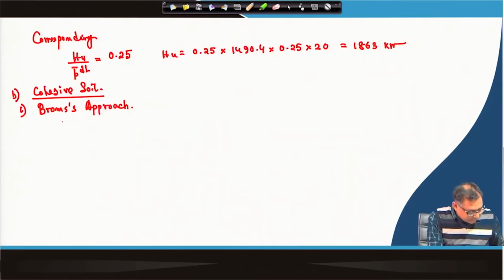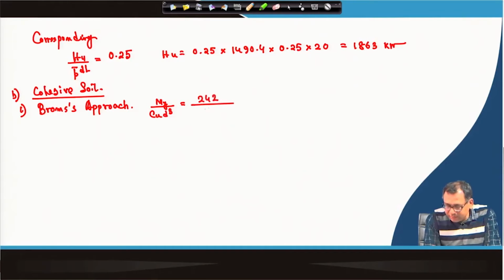Here, by Broms' approach, MY by Cu d cube. MY is 242 and the Cu value is 100 kPa, d cube is 0.25 cube. So, this is 155.